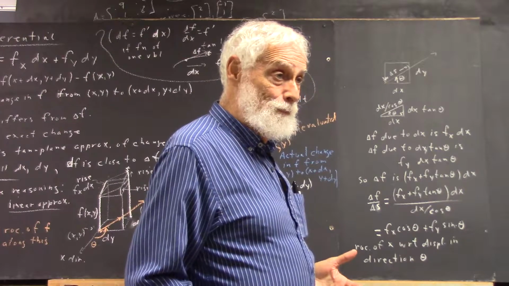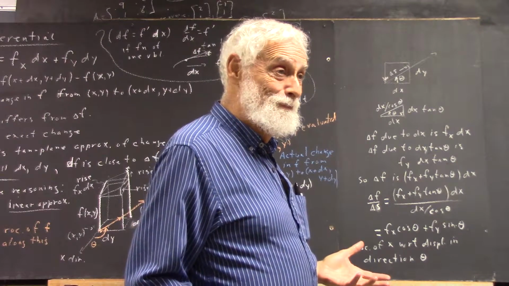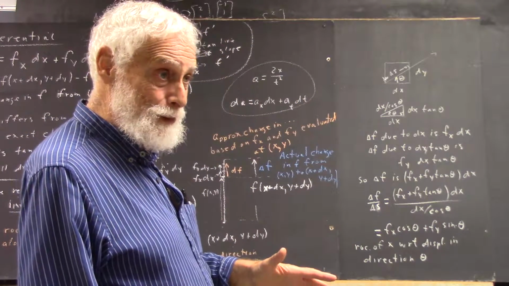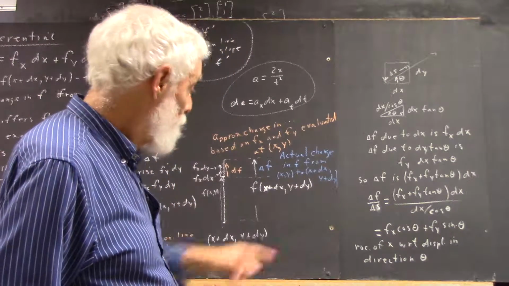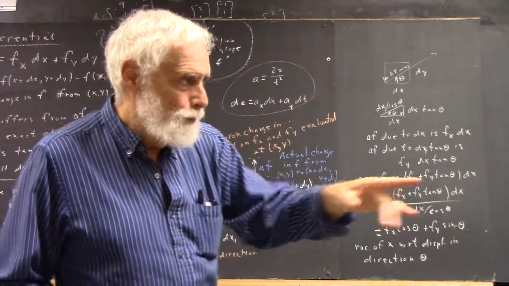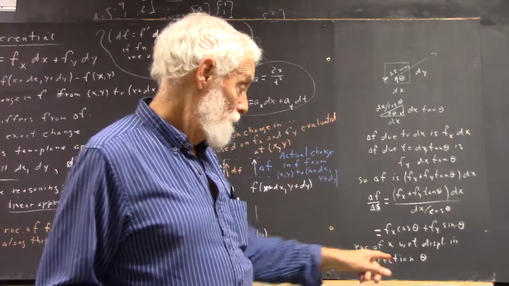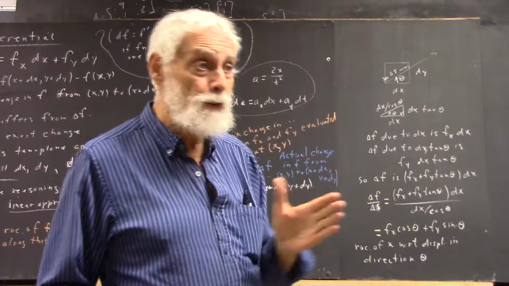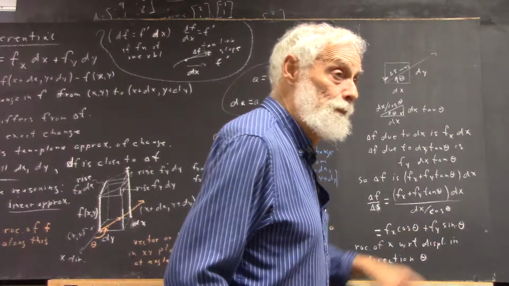Okay? You believe me? Yeah, you got to work it out. Okay, because this differential and this thing are central, because this thing now tells you the rate at which the function changes in any direction. Whatever theta is, whatever the angle of that direction is with respect to the x-axis, there it is.